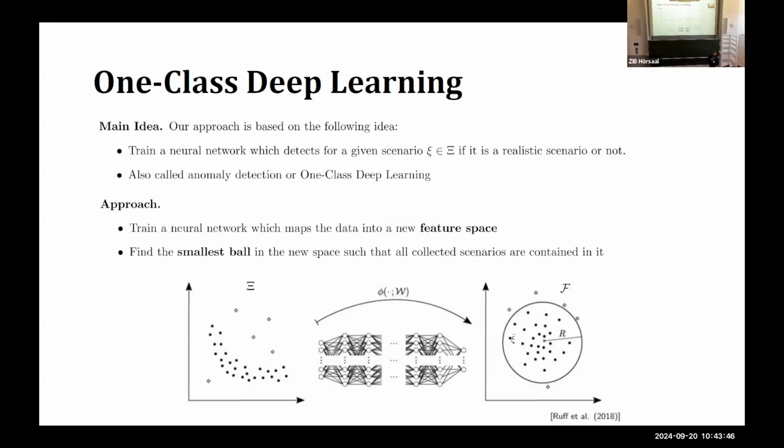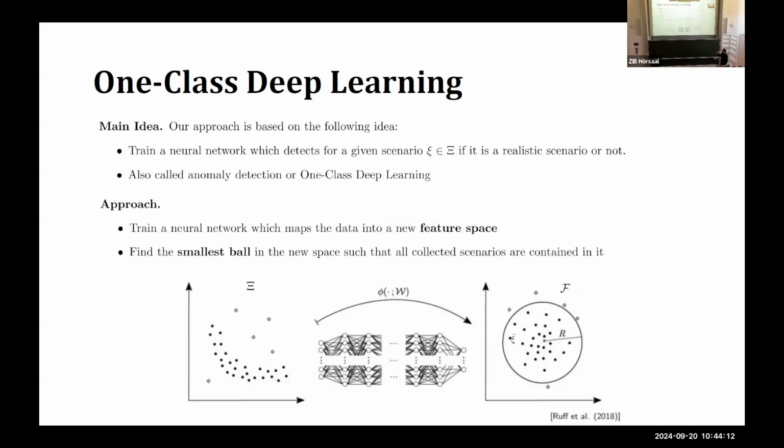And the idea is, again, based on neural network transformation. So here's your data space. All the black dots are the real scenarios you observed. And then you have some which are outliers. Now you can apply these to a neural network. The neural network projects it into a different space of a different dimension.